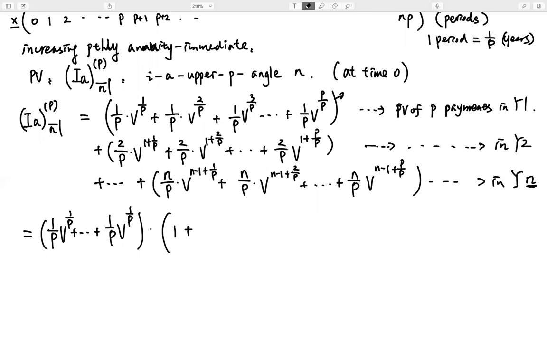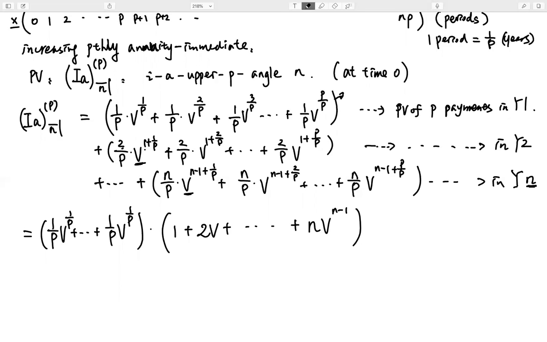The second one becomes 2 times v, because 2 comes from here and v comes from everything being 1 plus the corresponding term. Then you easily see the last one would be this, right? So I can achieve this equality because I simply factor out all the common factor. That's the reason why I can write it in this way.